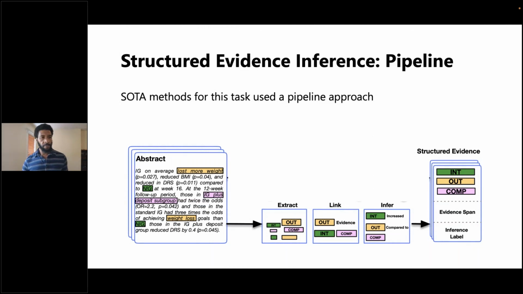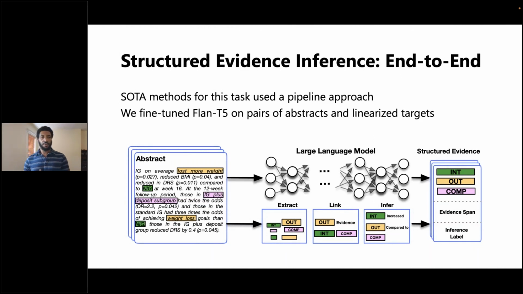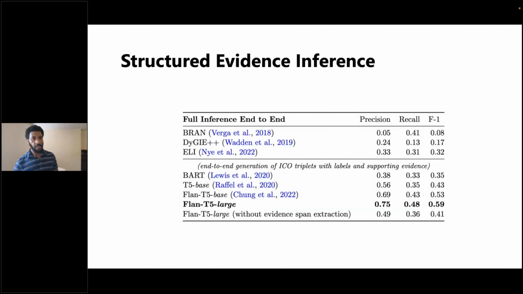So our approach was to replace this whole pipeline with a large language model. Specifically, we fine-tuned FLAN-T5 on pairs of abstracts and linearized targets. And we find that this approach significantly outperforms the previous state-of-the-art, which was this Evidence Inference model.